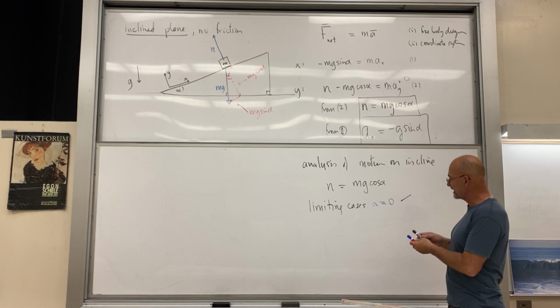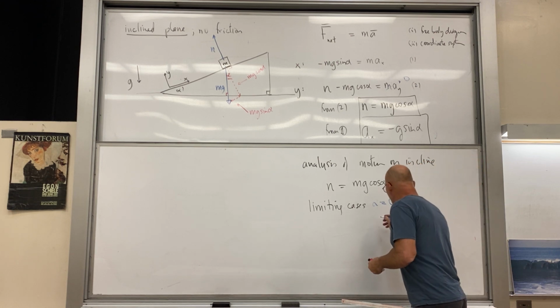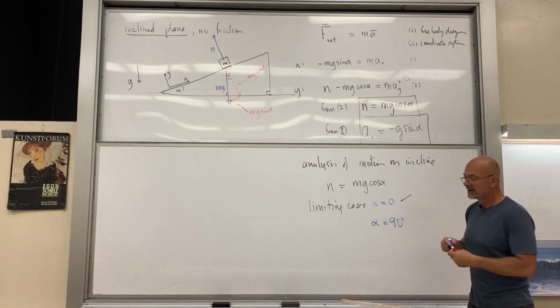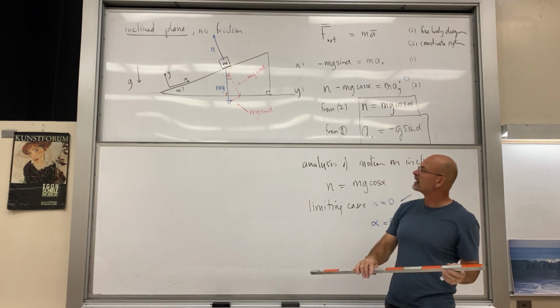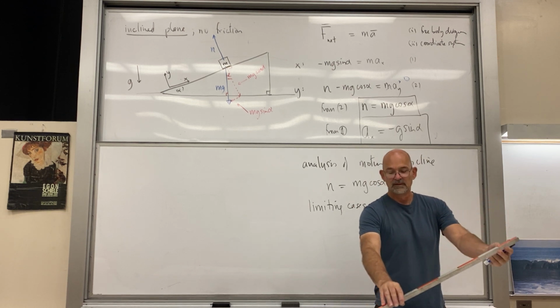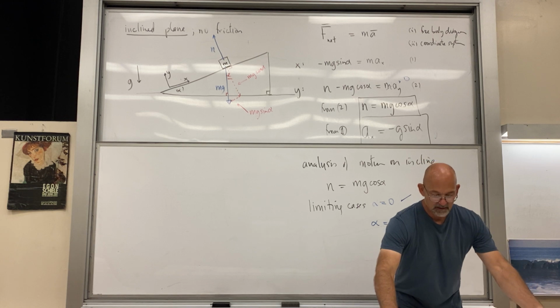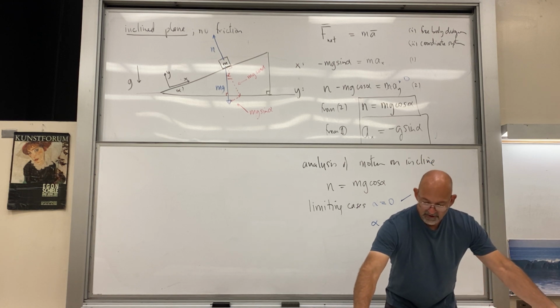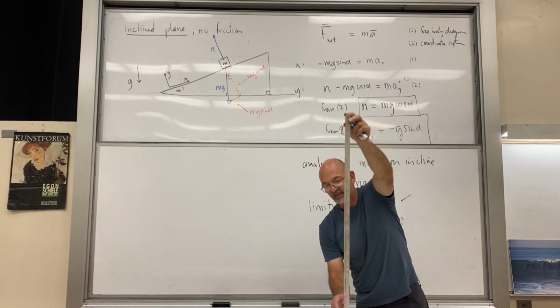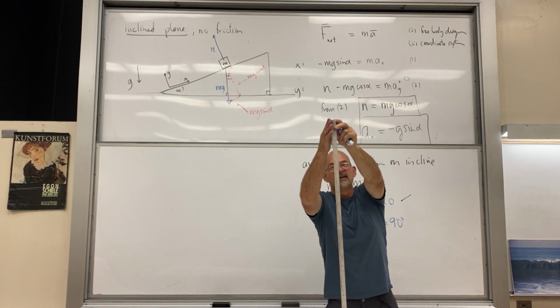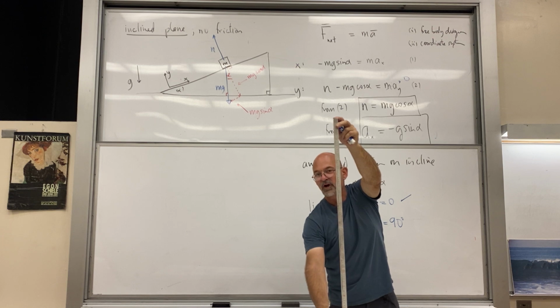Now, what about the limiting case alpha equals 90 degrees? Let my ruler be the incline here. That was the 0 degrees. Now I'm going to tilt it up to 90 degrees. And when it's 90 degrees, there's no sliding, there's just free falling.